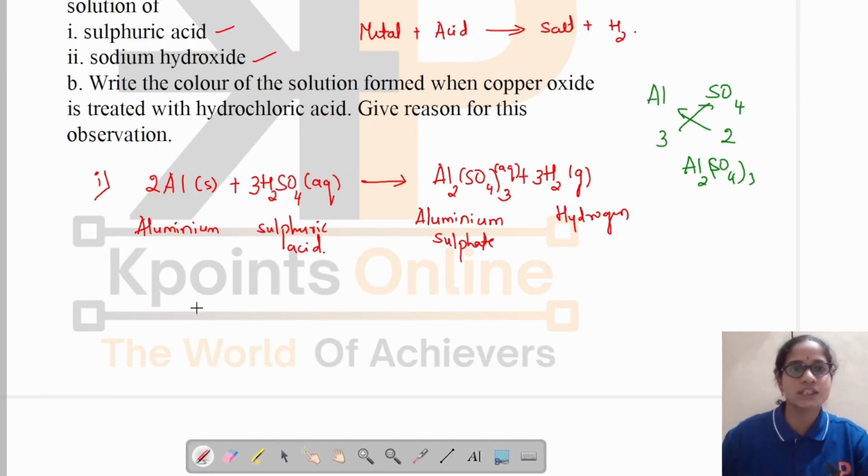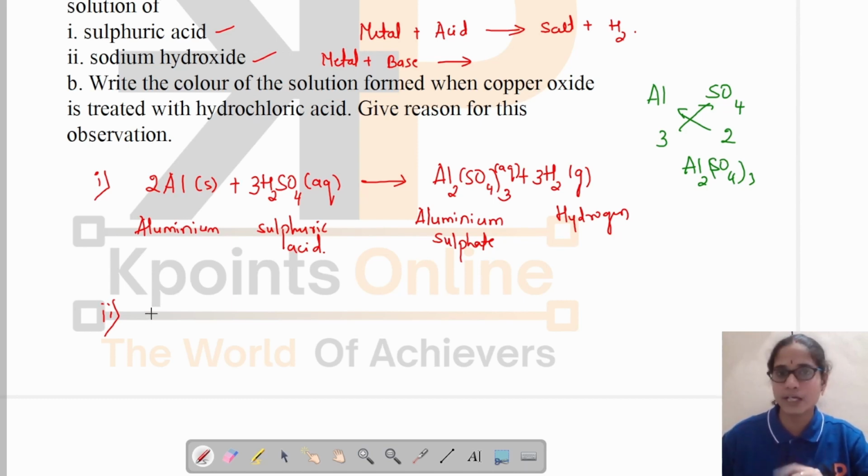Then again the question is asked about the reaction of this aluminium with sodium hydroxide. How do metals react with bases? This is about the reaction of metal with base. We know that not all metals will react with base. You should remember only aluminium and zinc will react with a strong base like sodium hydroxide to form salt and hydrogen gas.